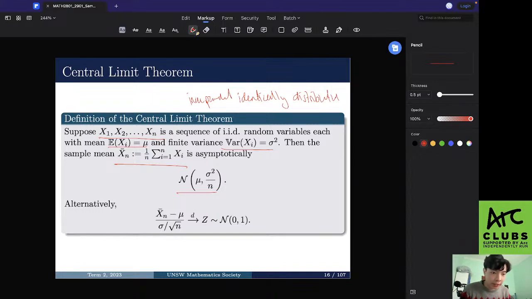I also said that their sum would be normally distributed, and the reason is because we see that xn bar is actually just their sum multiplied by 1 on n.